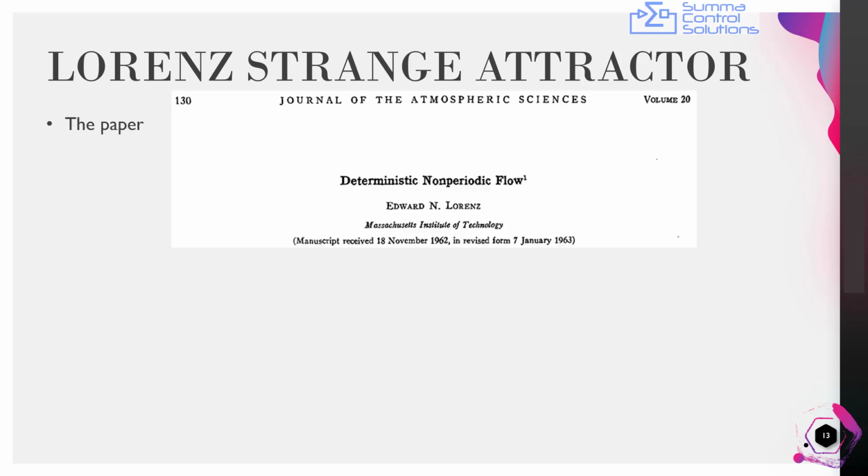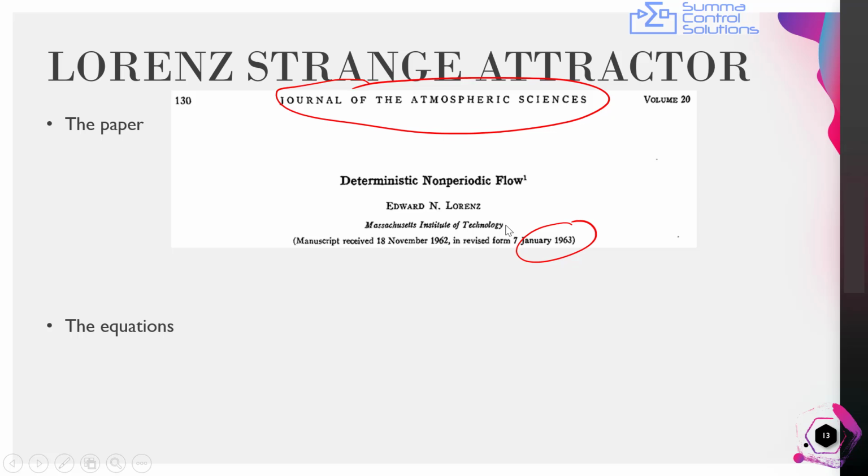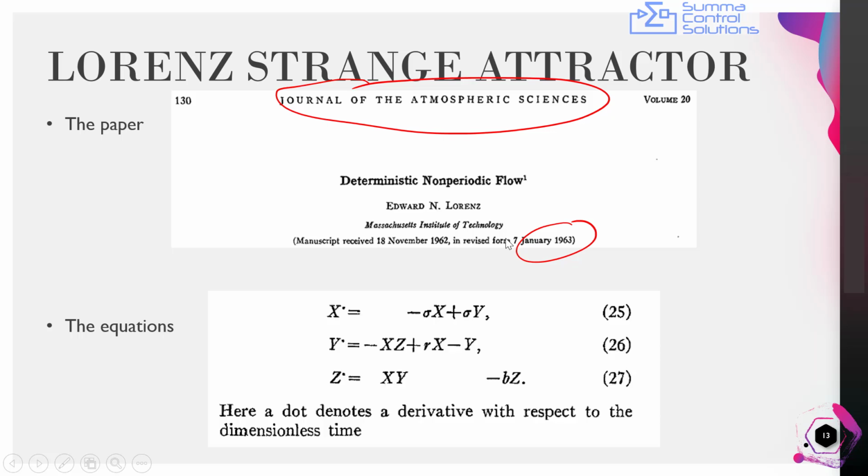His paper, published in the Journal of the Atmospheric Sciences in 1963, used three differential equations, x prime, y prime, and z prime, prime meaning the derivative with respect to the dimensionless time.